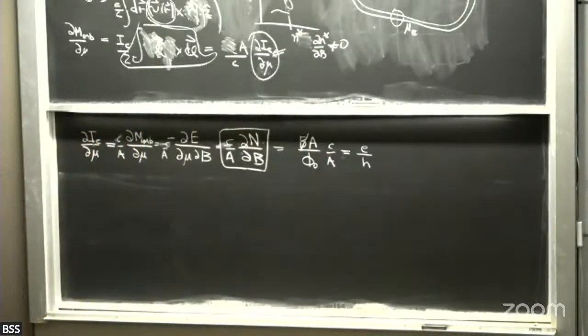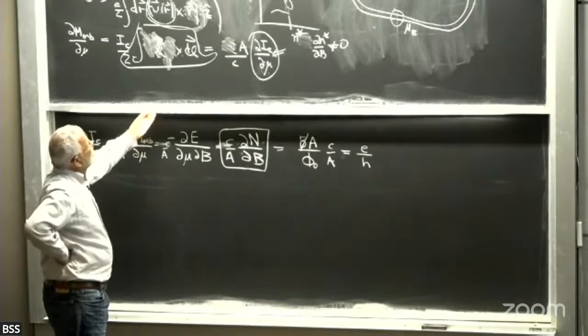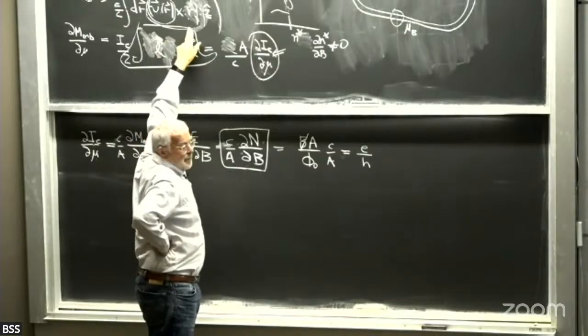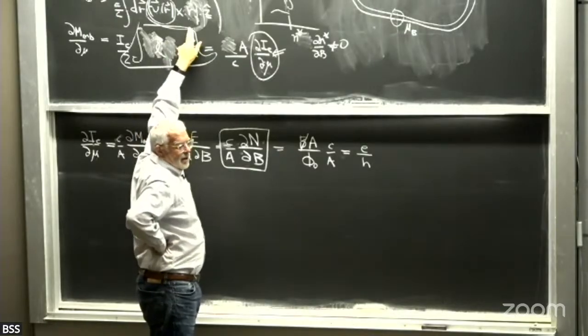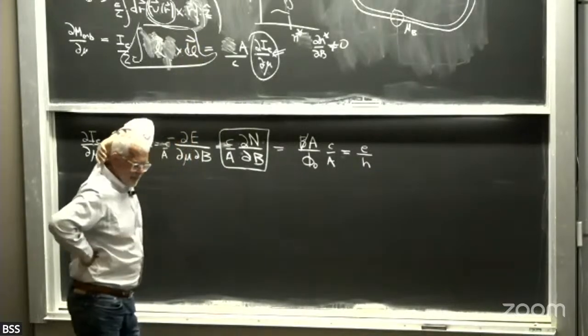If the current was not localized on the edge, I think the result would not change. Like if you had impurities. It would be more complicated, right? I think it would be more complicated because this argument depended on the fact that the current density is only changing at the edge of the system.